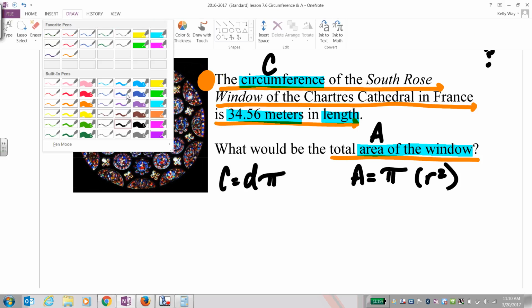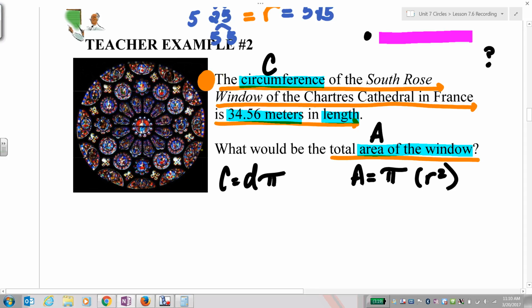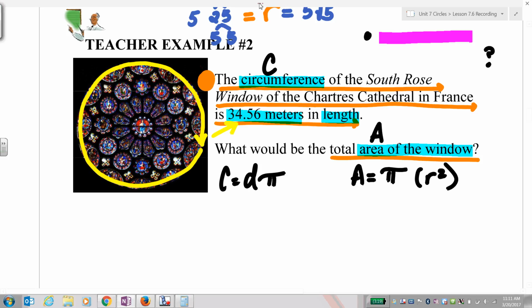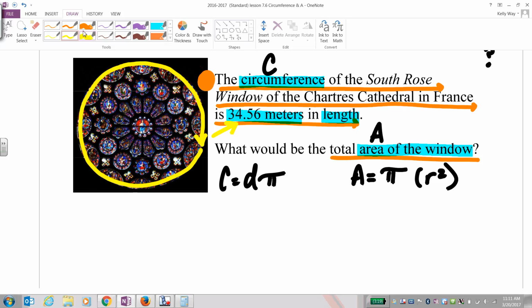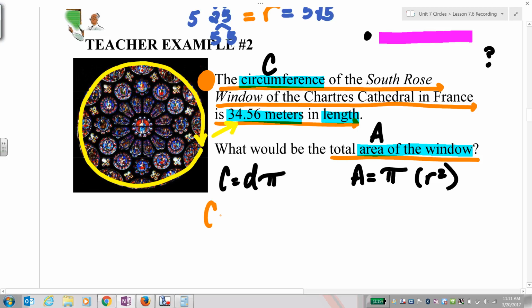We are given the length of the circumference, that is 84.56 meters. We want the area.